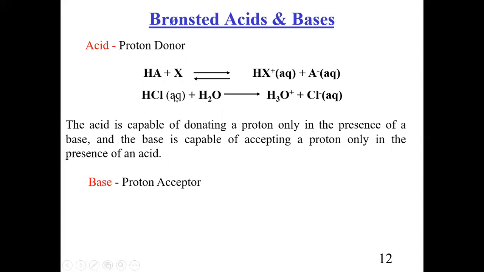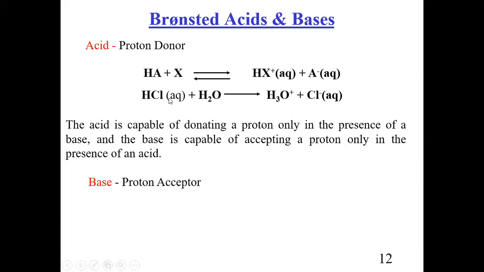Of course, HCl fits into this category, but now, according to the Bronsted acid, I have to put the water molecule there. Now, you're going to see throughout this course, I don't always include the water molecule, but if I'm following the Bronsted acid base definition, I have to include it.